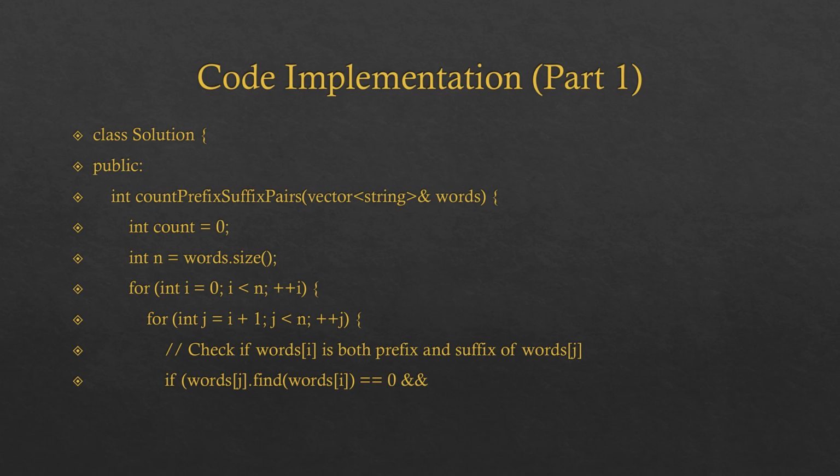Here's the code to implement the solution. First, we define a class called Solution, and within that class, we define a method countPrefixSuffixPairs. Inside this method, we use two nested loops to go through all pairs of words. For each pair, we use the find and rfind methods to check if the first word is a prefix and a suffix of the second word.